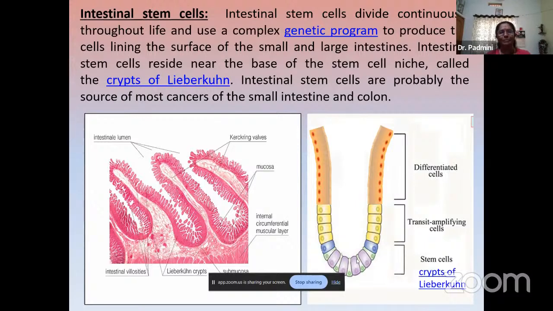It can be acidic, basic, or alkaline. So they have to maintain the cell structures, because sometimes cells might die, and the crypts where the stem cells are present are time and again going to replenish us with normal cells. That is the source of intestinal stem cells.